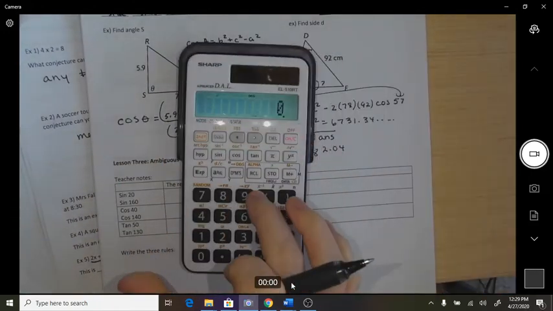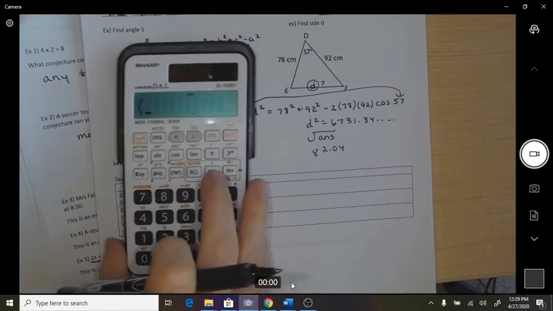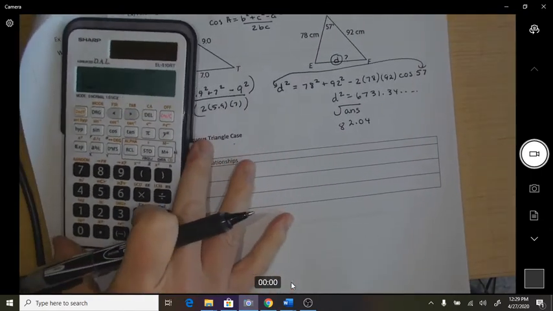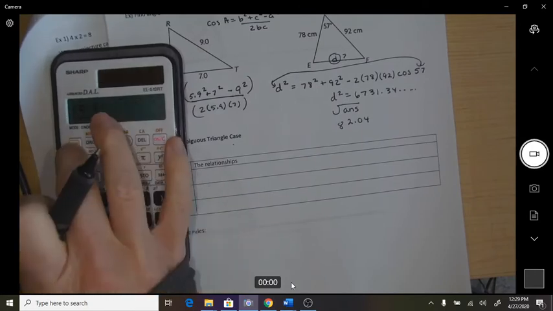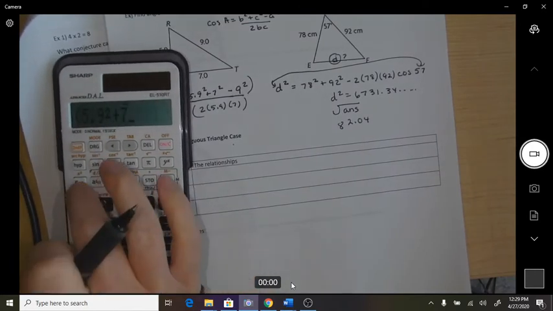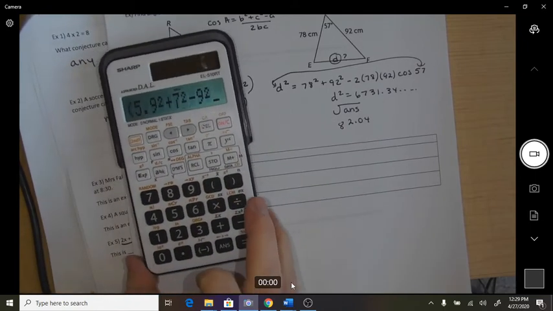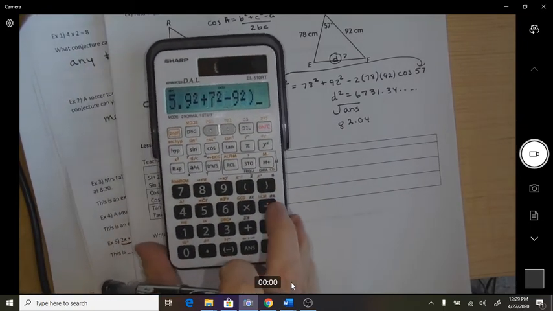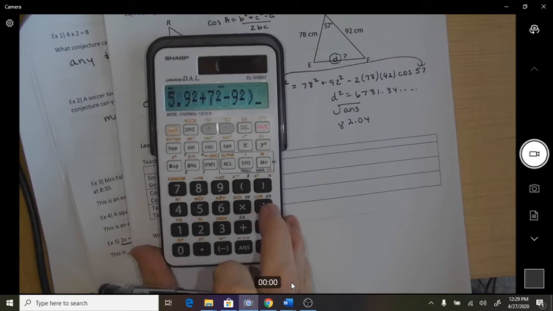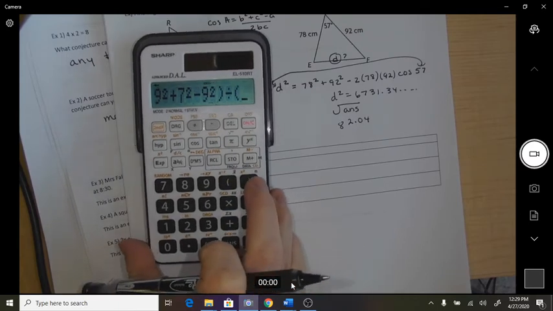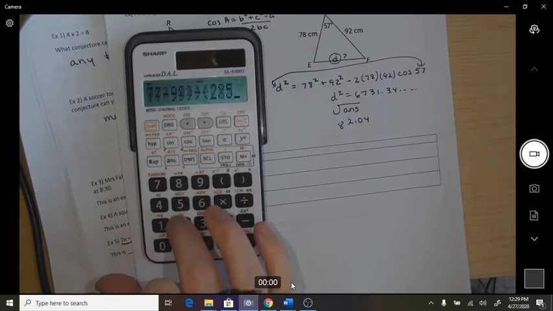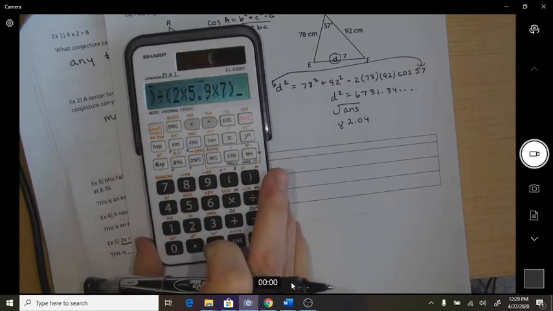So you can see how I'm going to type this in. I'm going to go bracket 5.9 squared plus 7 squared minus 9 squared, bracket. So I put all of that in brackets, divide it by, and then another bracket, 2 times 5.9 times 7.